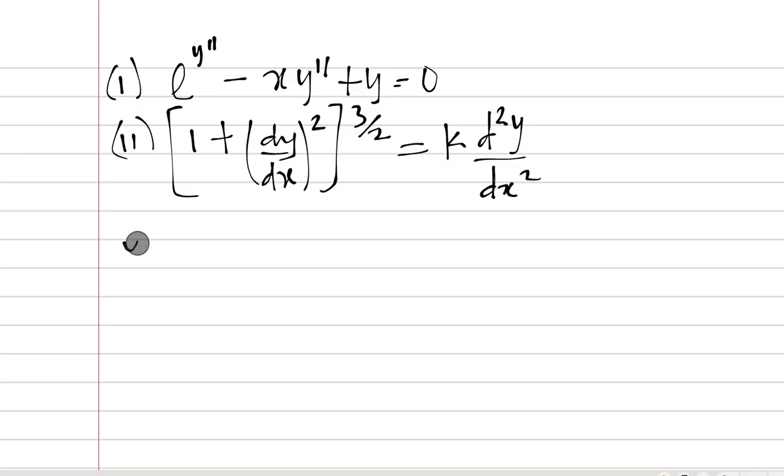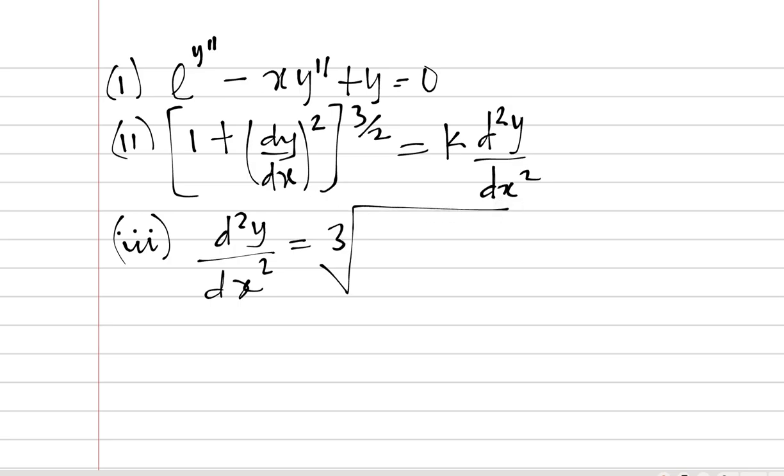Then number 3, the order and the degree of d squared y over dx squared equal to cube root of 1 plus dy dx. I've done something like this for you before, so I expect that you know what you want to do.